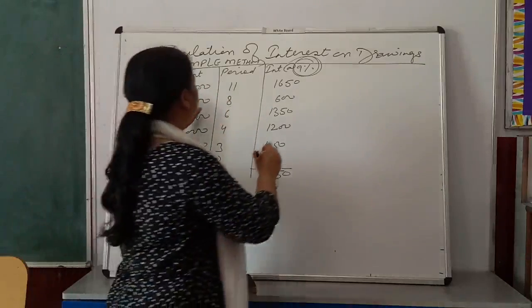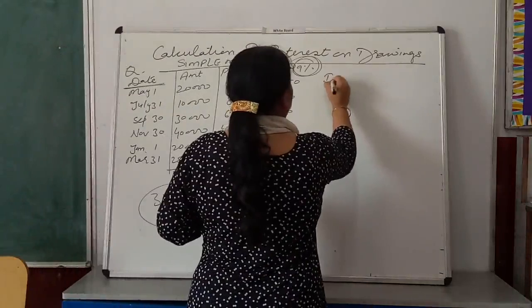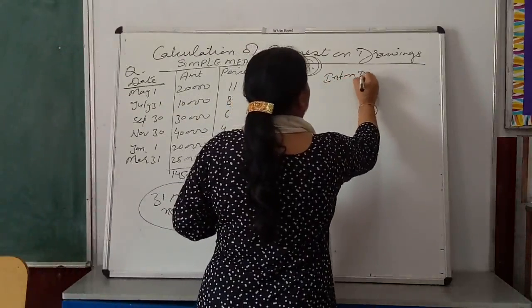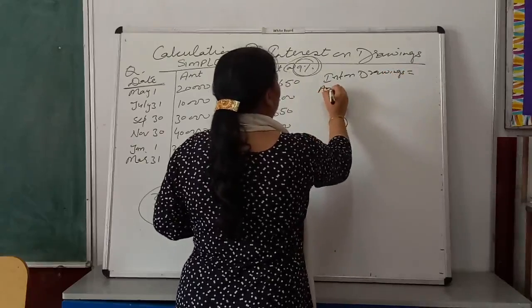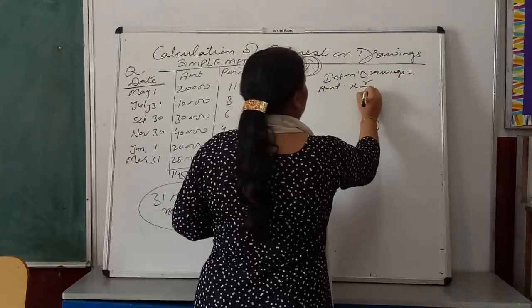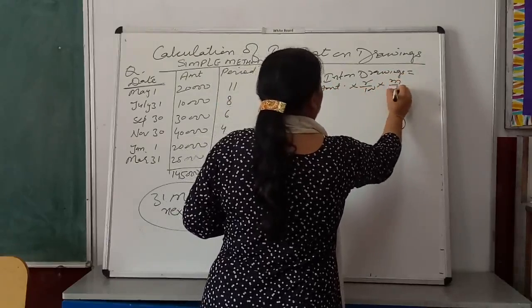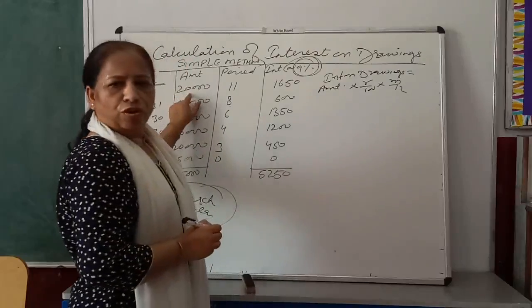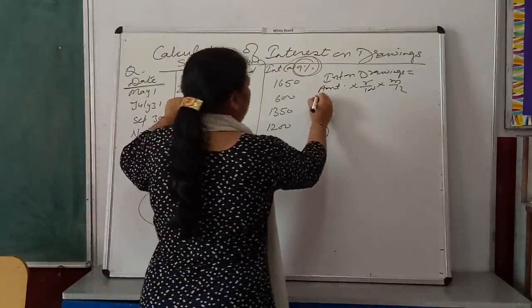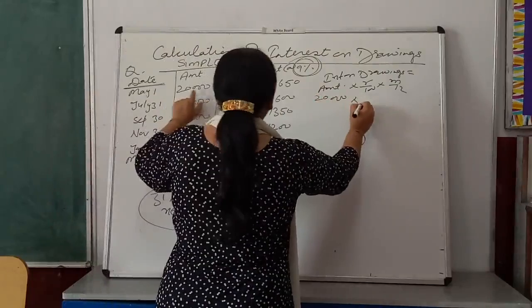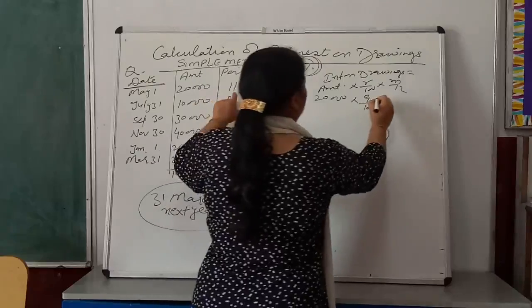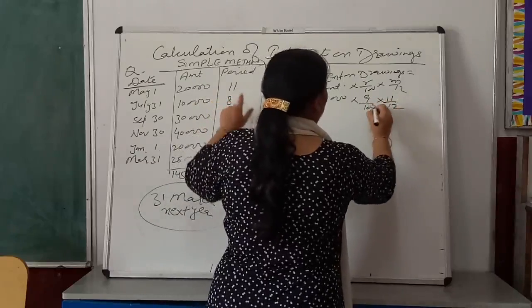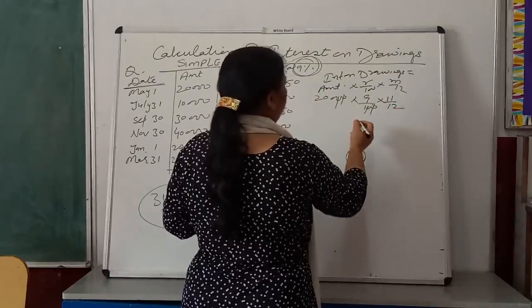You will calculate it by writing the formula: interest on drawings equal to amount of drawings into rate upon 100 into month by 12. 20,000 you are drawing, so 20,000 into 9 upon 100, this is the rate, and for 11 months.